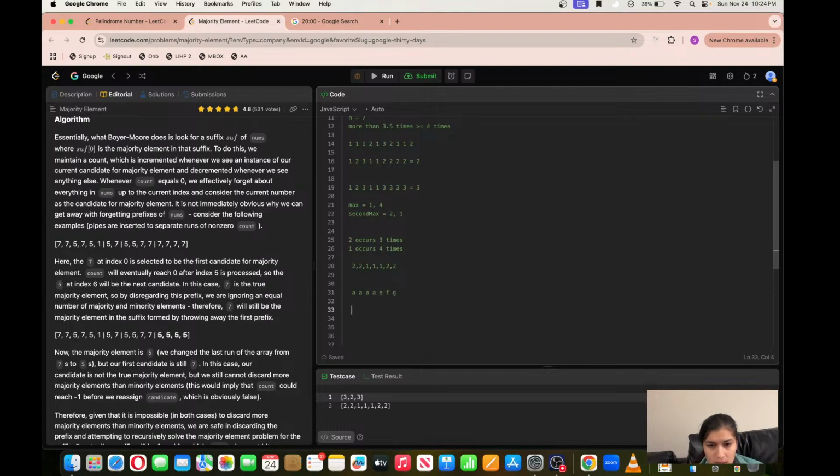So what I am saying is, if this is positive and these are negative, suppose A is +1 and the rest are -1, then it will be 1 1 1 1 -1 -1 -1, right? So the answer will be positive only.